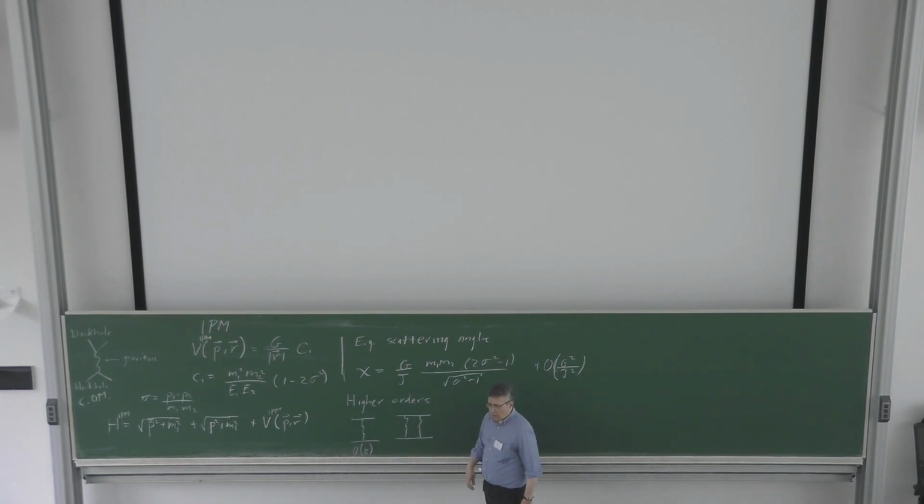I'm just writing down one representative diagram. So there's a black hole here, 2 graviton exchange. This is order G squared. And then we can keep on going. Say here would be an example.